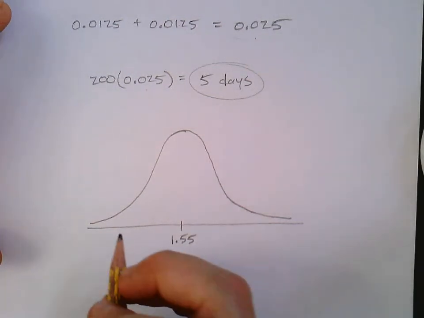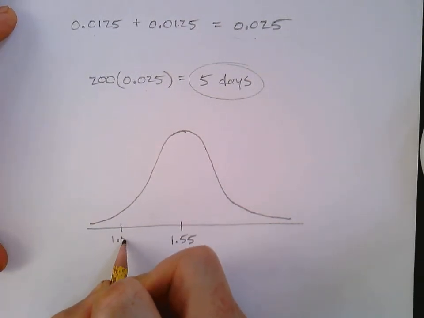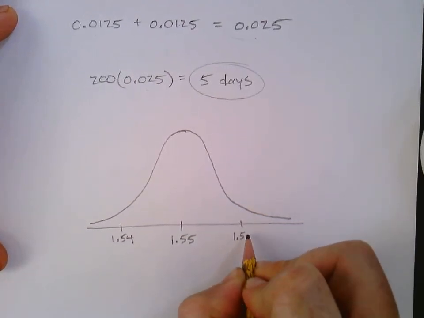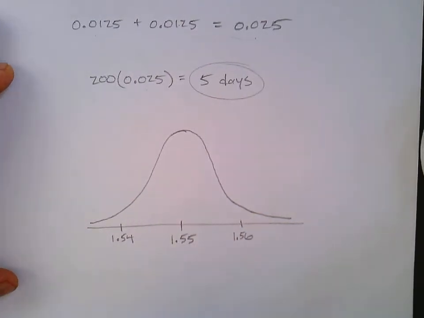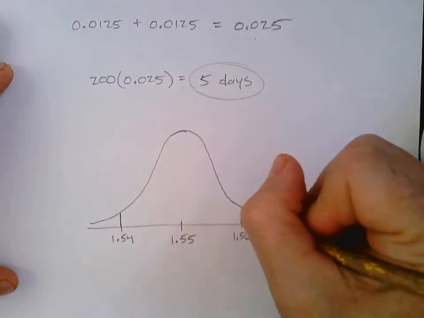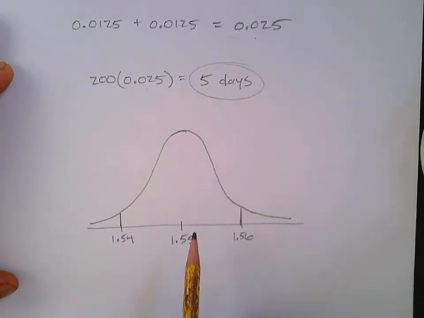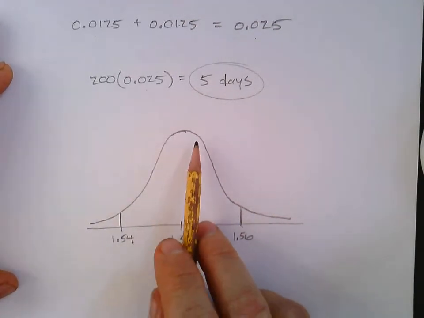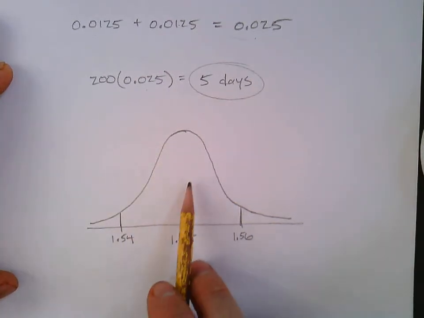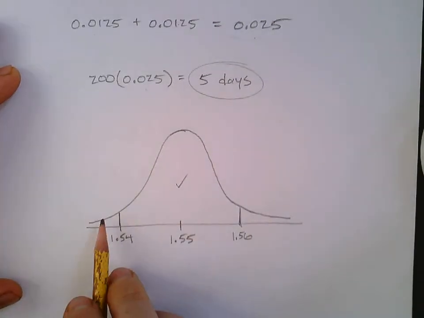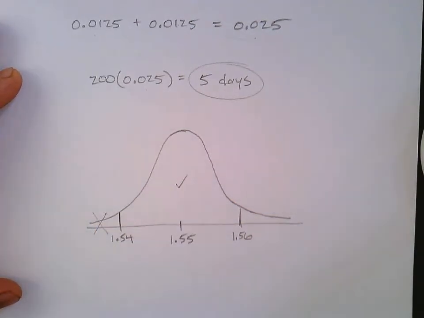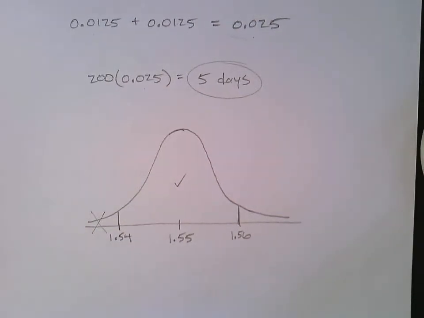What's happening is 1.54 and 1.56, well, that's symmetrical about 1.55. We think, okay, if our sample of 20, if the average is anything in between, then we are good. We want anything in between here is acceptable. If our sample of 20 gives us an average out here, then we know something's off with our machinery.